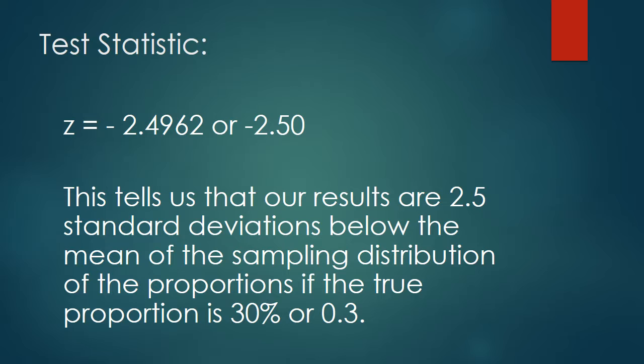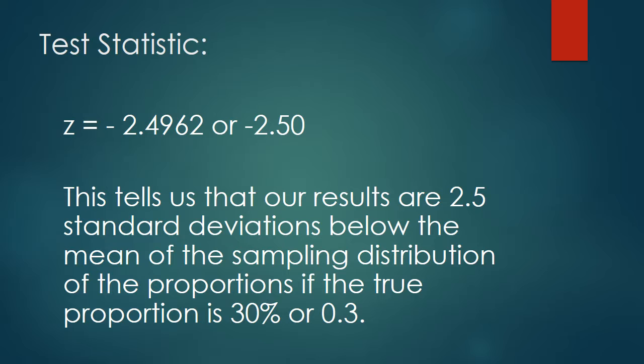So again, our test statistic rounded to 2 decimal places like your homework likes. Remember that negative 2.496, the 6 comes after the 49, so we would round that up, but 9 rounds up to 10, 49 rounds up to 50. Negative 2.50 standard deviations below the mean of the sampling distribution of the proportions if the true proportion is 30%.